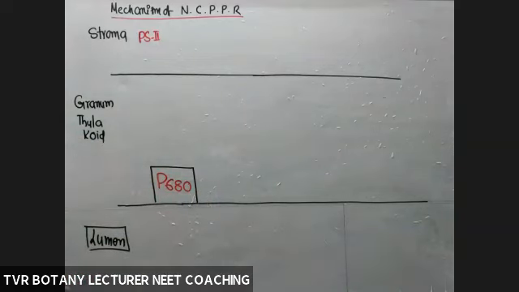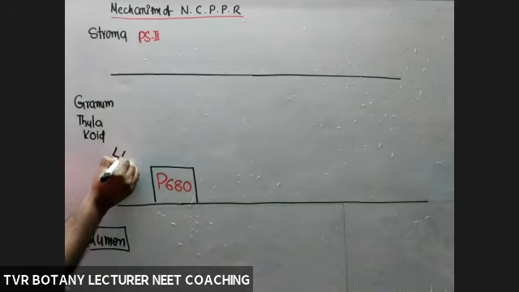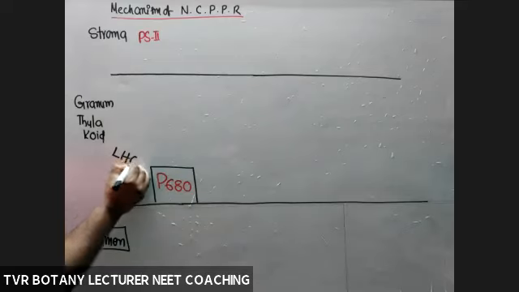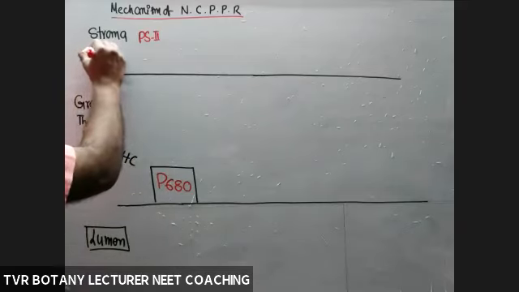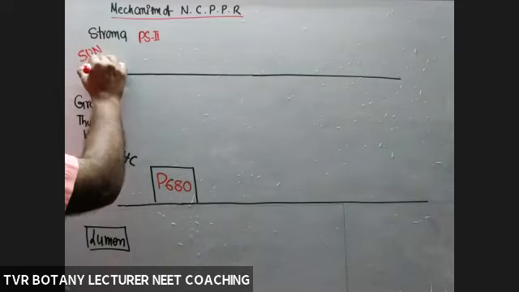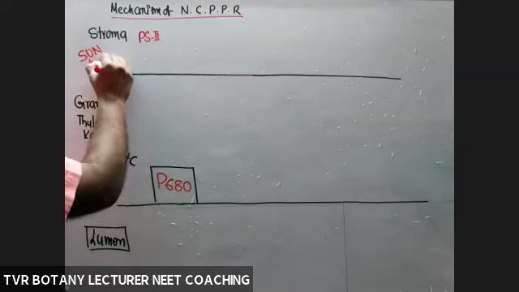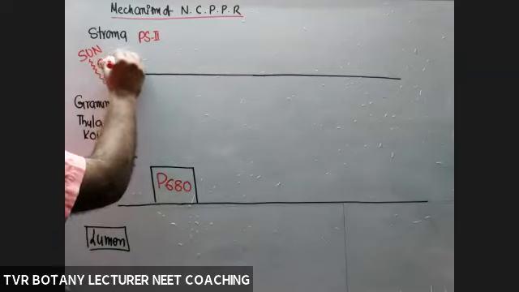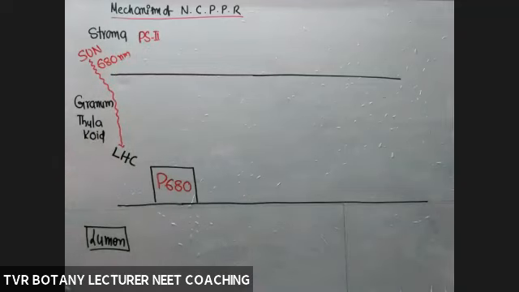Okay, so the non-cyclic electron transport system is initiated by absorption of sunlight by, for example, the LHC, the light harvesting complex, antenna chlorophyll complex. So radiant energy, particularly 680 nanometers wavelength of light, is absorbed by the LHC.